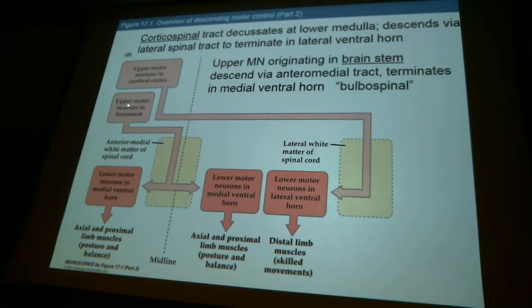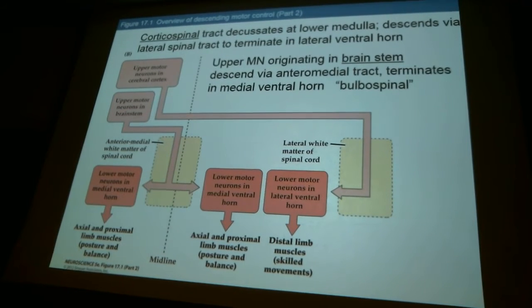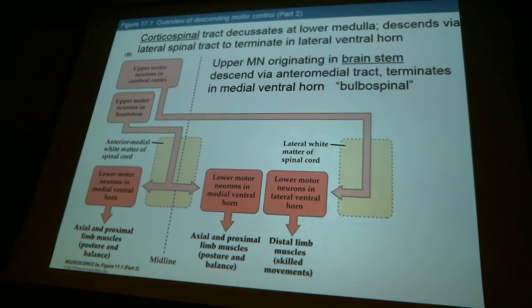And one of the other interesting things is that this travels down ipsilaterally, but then makes bilateral projections. So they're not strictly crossing over like the upper motor neurons in the cerebral cortex. Okay, so why is it important? So they both end up in this ventral horn of the spinal cord.